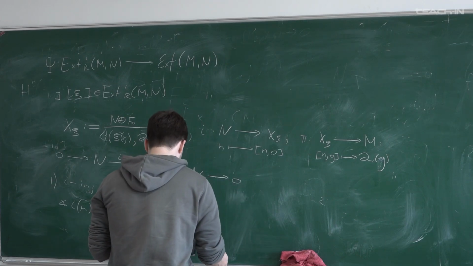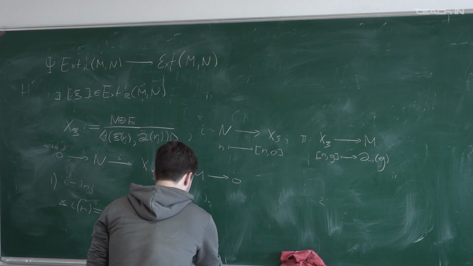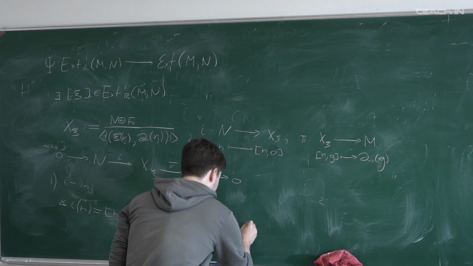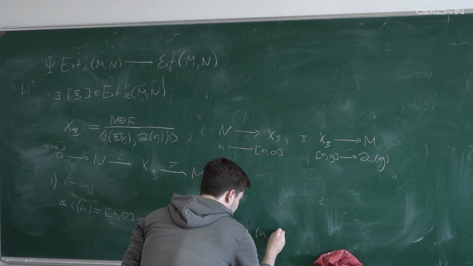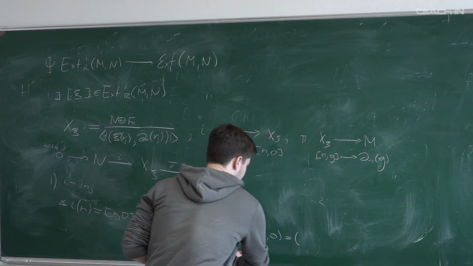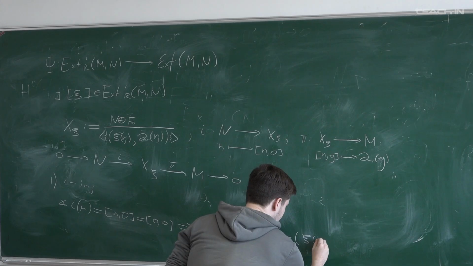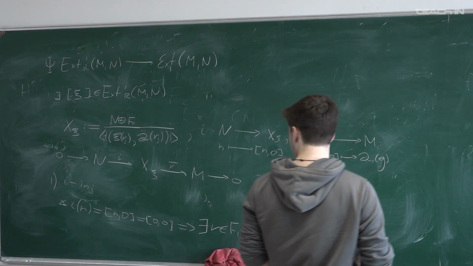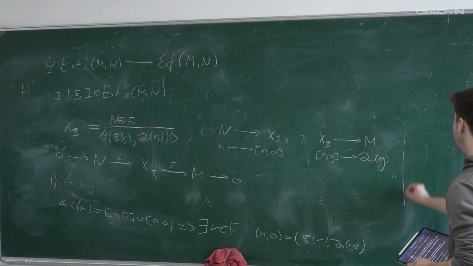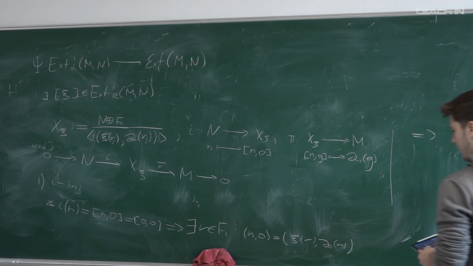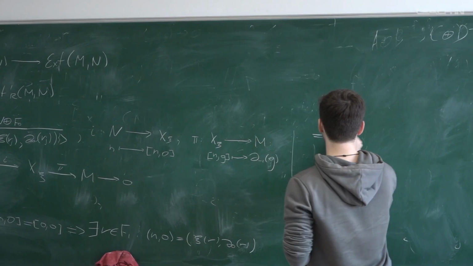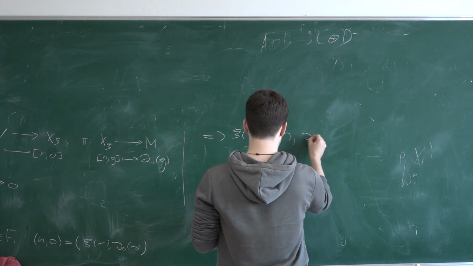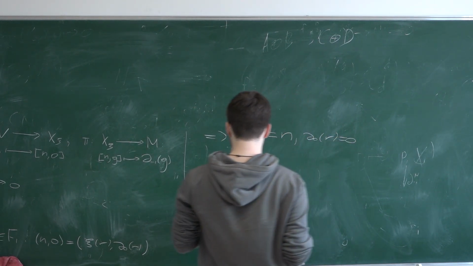And this means that there exists R from F1 such that, from this, we obtain that psi of R is equal to n, and d0 of R is just 0.